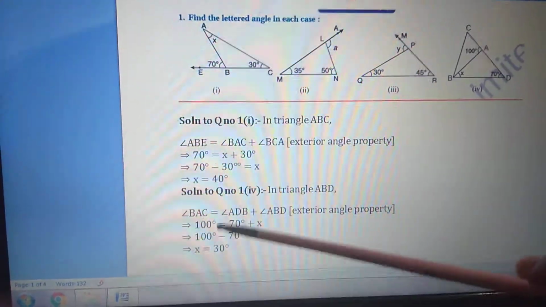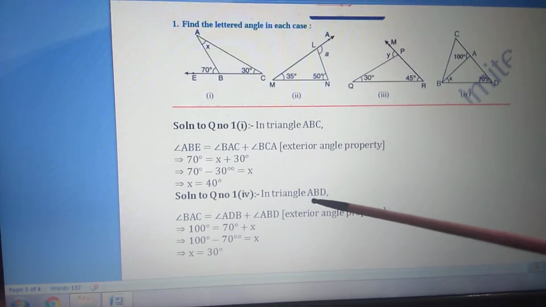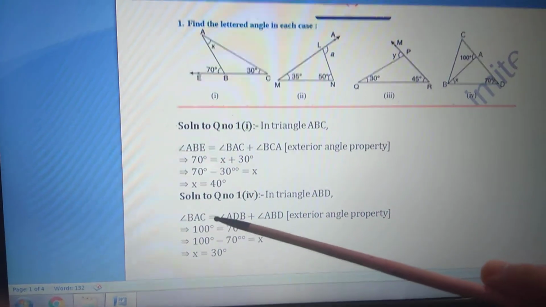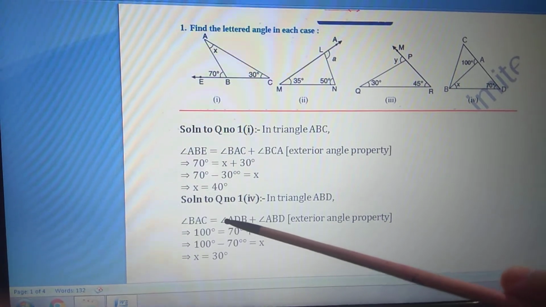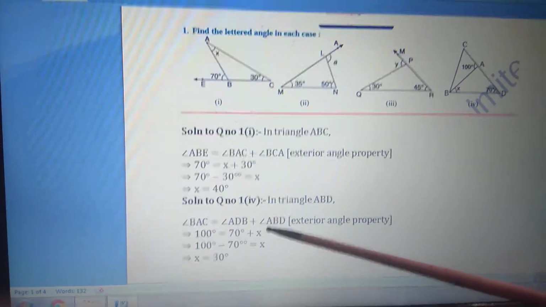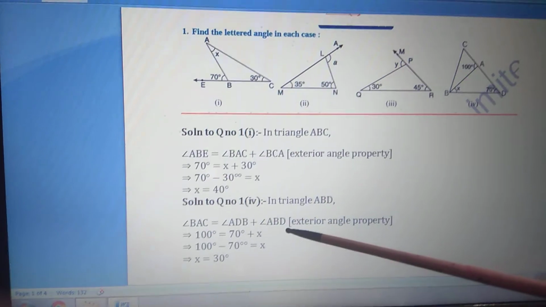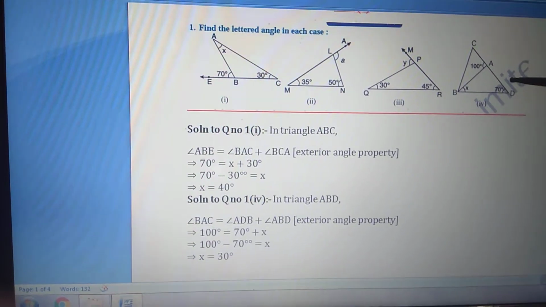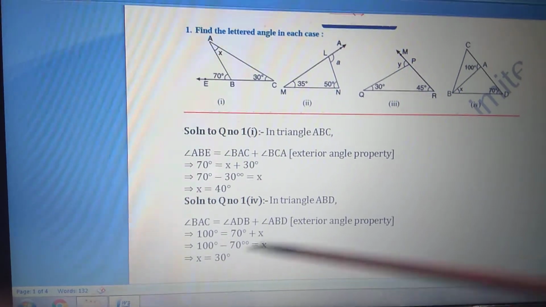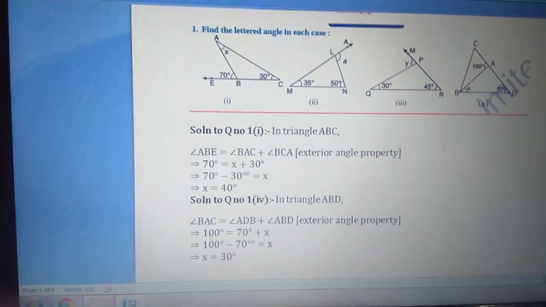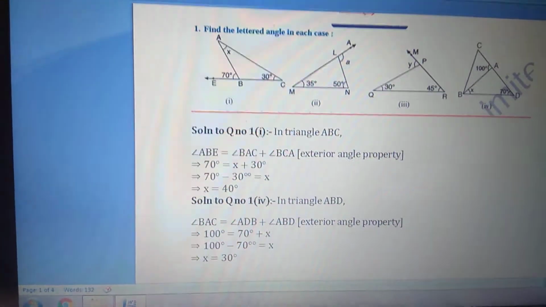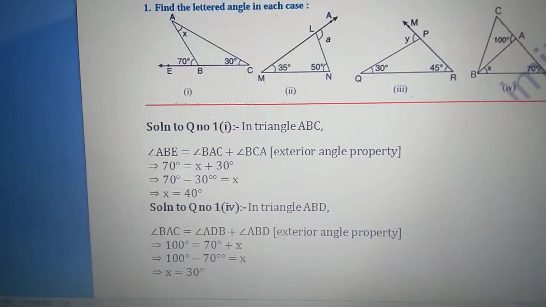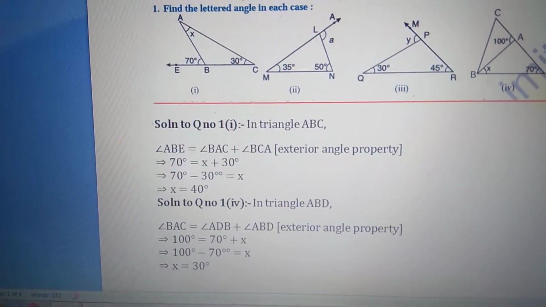So in triangle ABD, angle BAC equals angle BDA plus angle ABD. This is the exterior angle and these two are the interior opposite angles. I placed the respective values again and got the answer. Hope the concept of exterior angle property is clear to you.